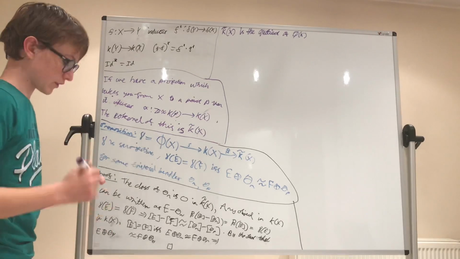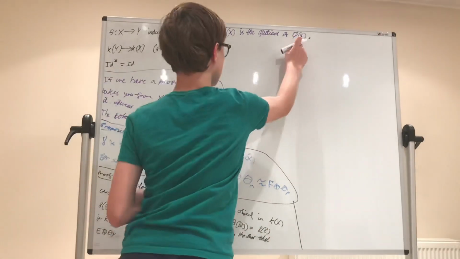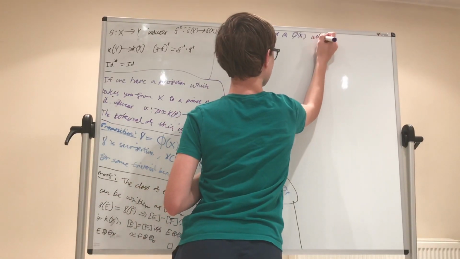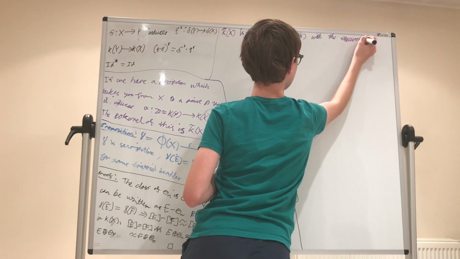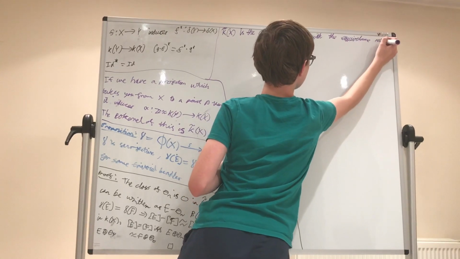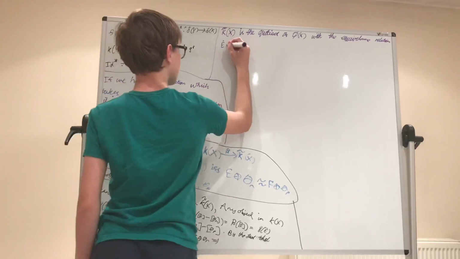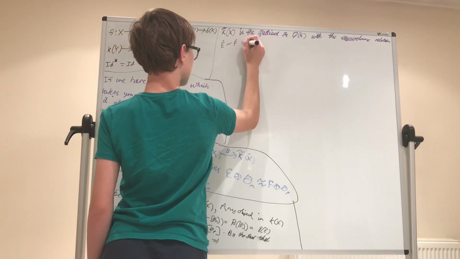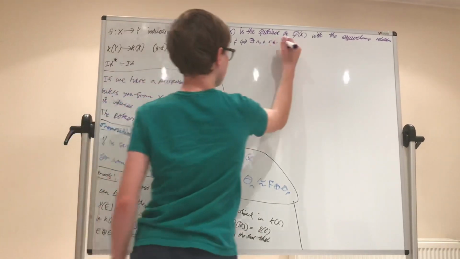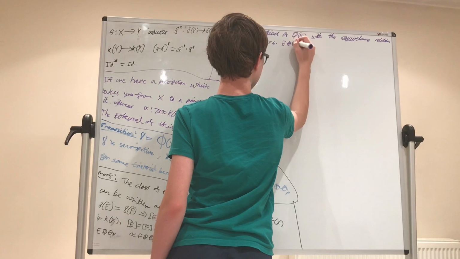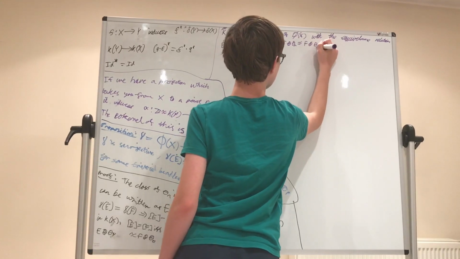Phi of X is the monoid of isomorphism classes of vector bundles on X. So it's the quotient of phi of X with the equivalence relation: the isomorphism class of E is equivalent to the isomorphism class of F if and only if there exist N and P such that E Whitney sum theta N is isomorphic to F Whitney sum theta P.